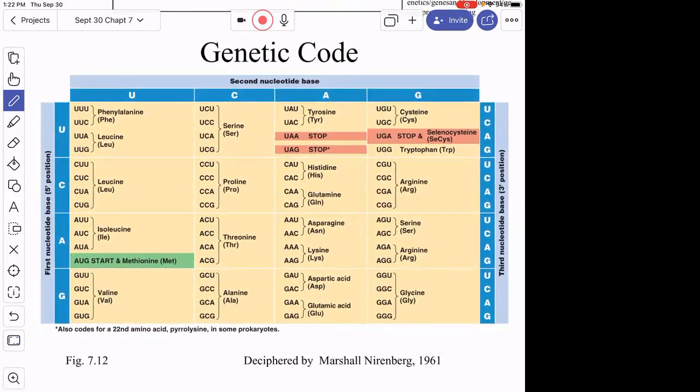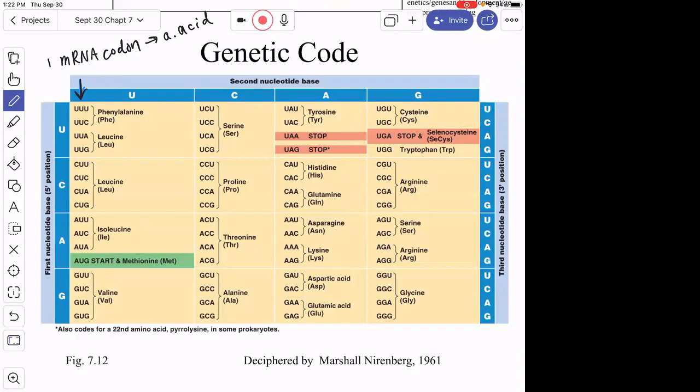Here we have the codons in messenger RNA, and how we know what bases correspond to what amino acids. So one messenger RNA codon and what amino acid it corresponds to.